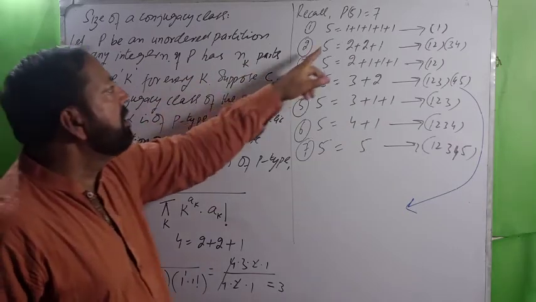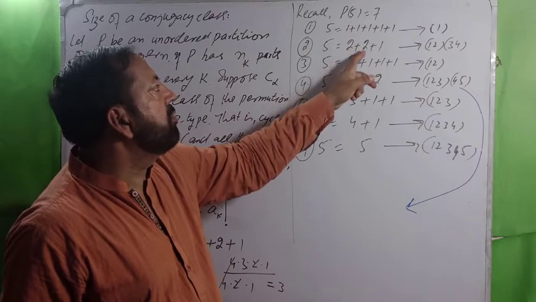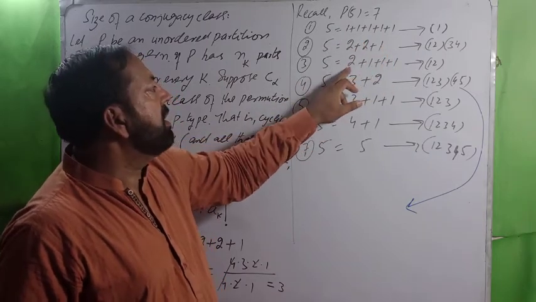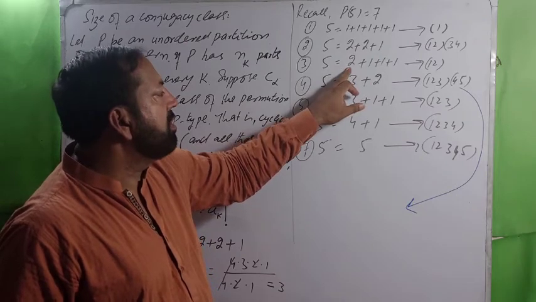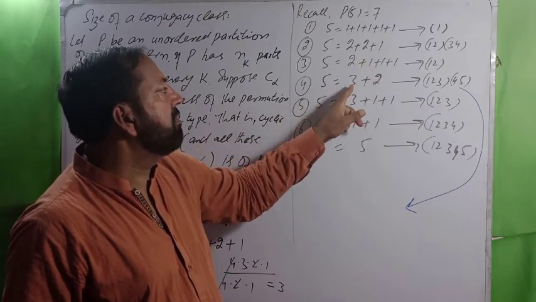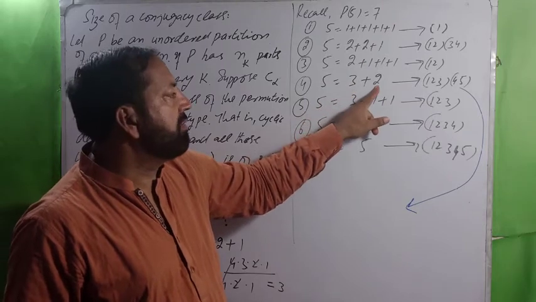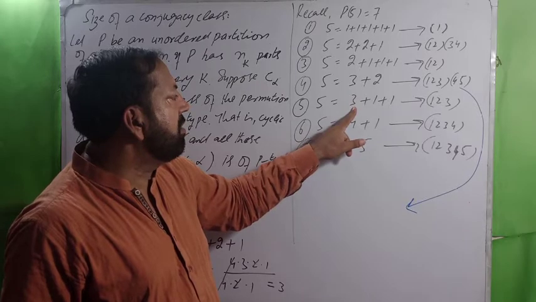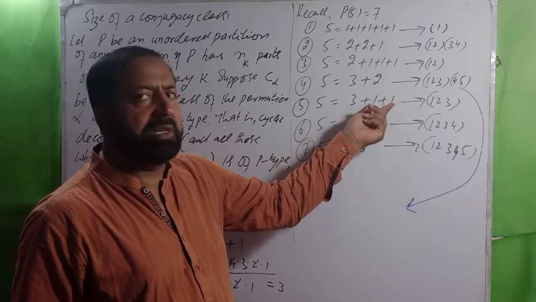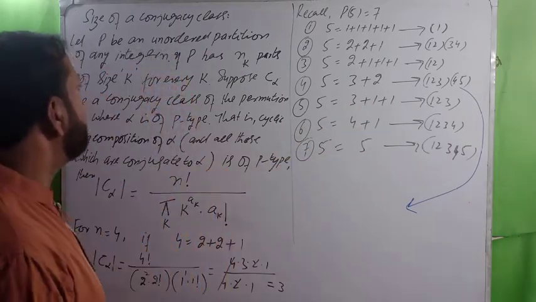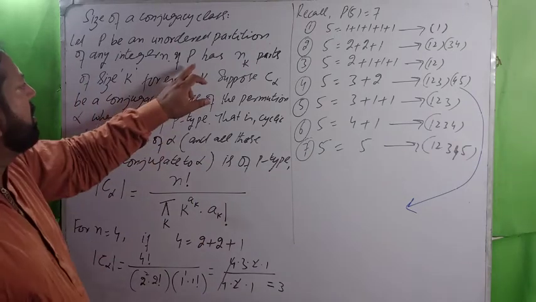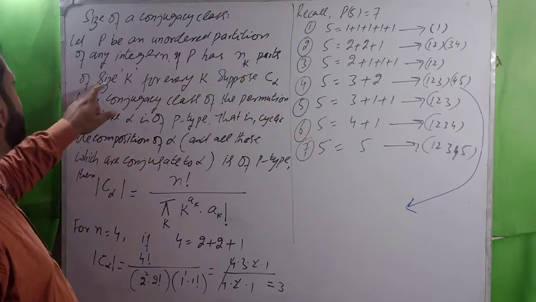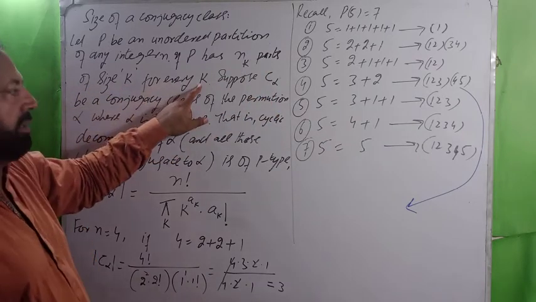You see here, 5 parts of size 1, 2 parts of size 2, 1 part of size 1, 1 part of size 2, and 3 parts of size 1, 1 part of size 3, 1 part of size 2, and so on. This is what I am saying.